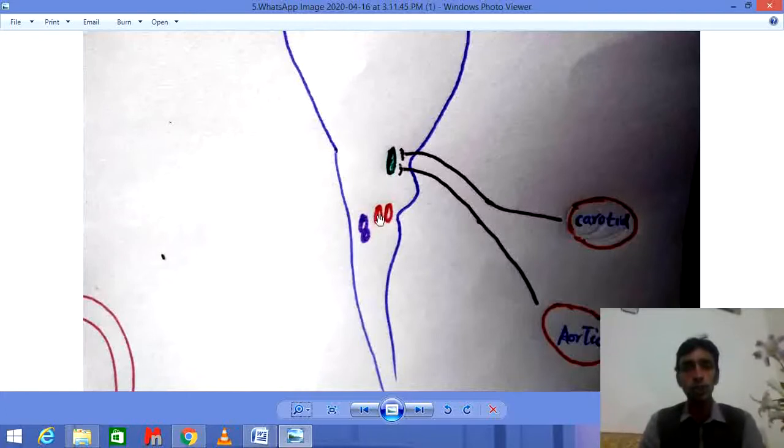So the combination of vasomotor center and cardiac center makes the cardiovascular center of the medulla oblongata.